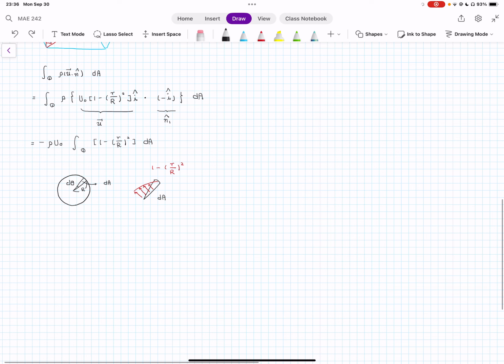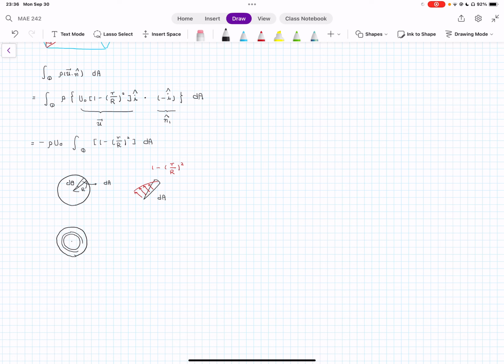Instead, we want to slice this area in the following way. The integrand is changing along the radial direction, but it doesn't have a dependence on the azimuthal or circumferential direction. So a better way to choose this infinitesimally small element is to have a ring-shaped geometry.